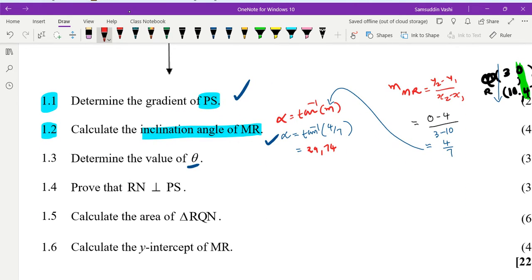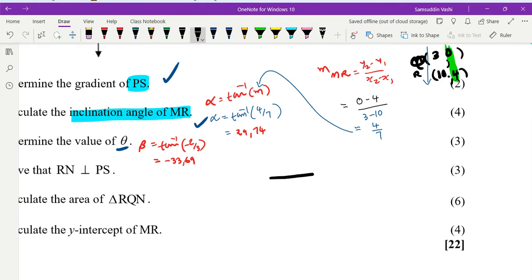Before I go for theta, I will calculate beta. Right? So tan inverse of that gradient, what was that gradient? Negative 2/3. What's my answer? All right. So when I'm getting a negative angle, what does it mean?